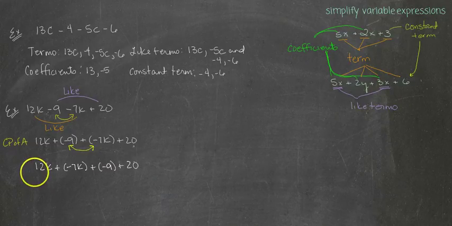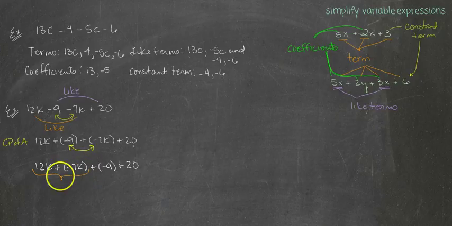I can take my 12k and -7k. So I have 12 red marbles and I subtract 7 red marbles. I'm left with 5 red marbles. So k's, or variables, work like having a possession of something in your hand. You just count them up and you add and subtract on the number line, just like we've been doing all along.